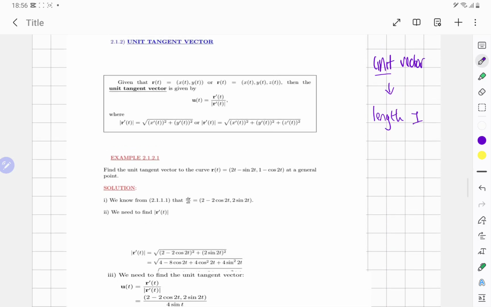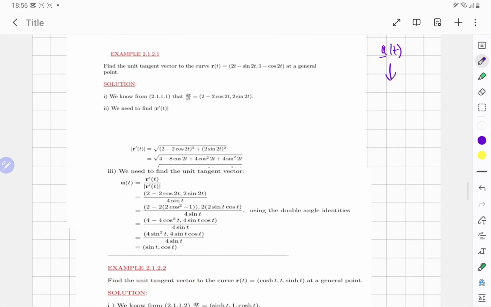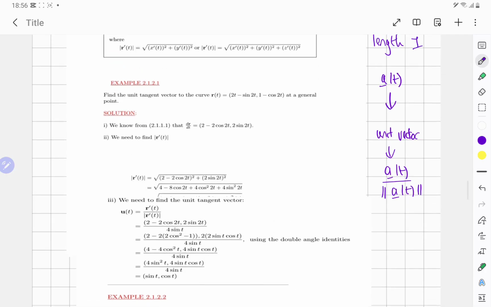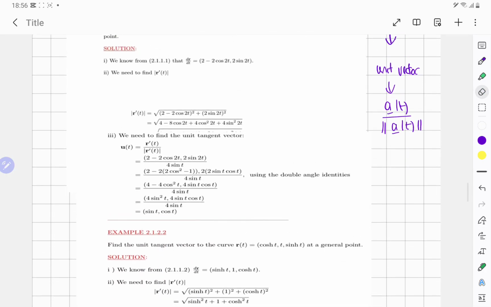If you can remember from first year, if you have a vector a and it does not have length 1, how do you change it to a unit vector? You will say a divided by its magnitude, so you can get your unit vector, or your vector in that direction.